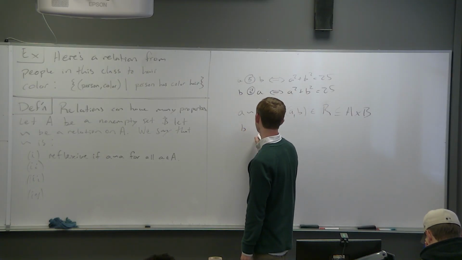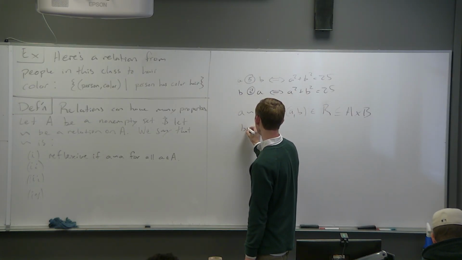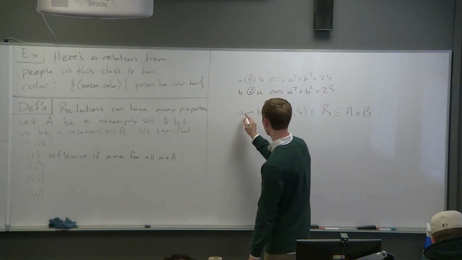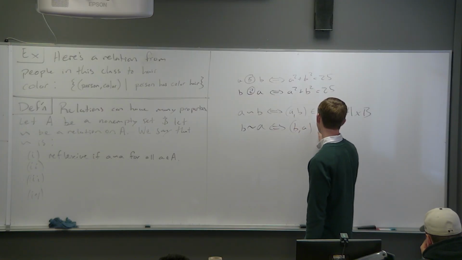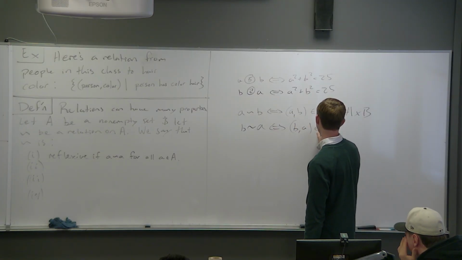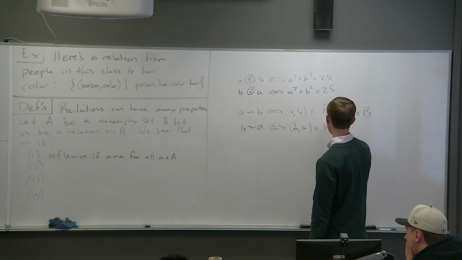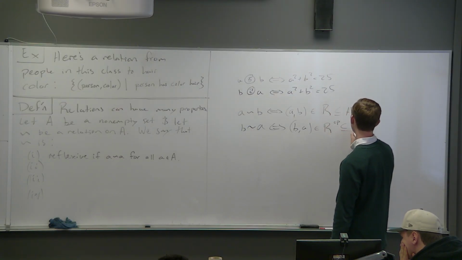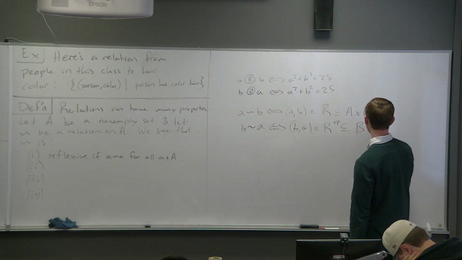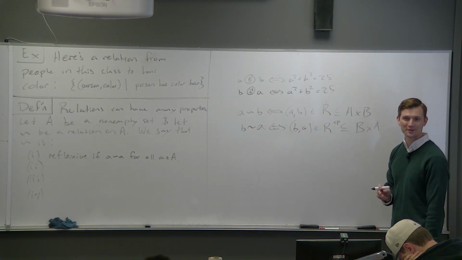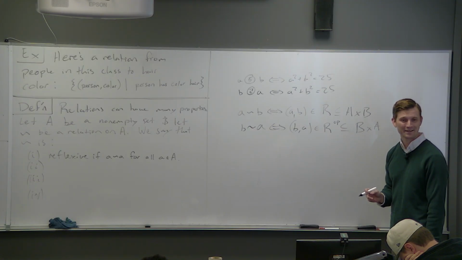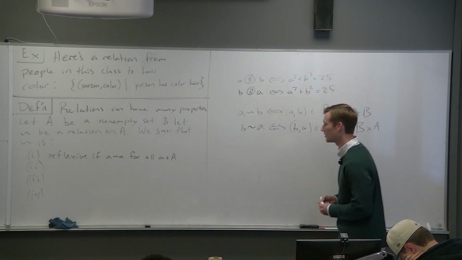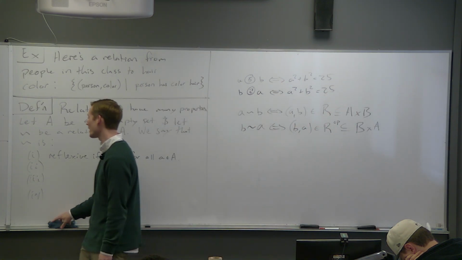That is, B, instead of sim this way, I'll go down and then up for my backwards one, if and only if (B,A) is in my new R, I'll call it R op, contained in B cross A. That is, you can always make the opposite relation just by flipping the order of everything. Yeah? Oh, okay, cool. So you can just flip orders and you can make new things. All right, cool.